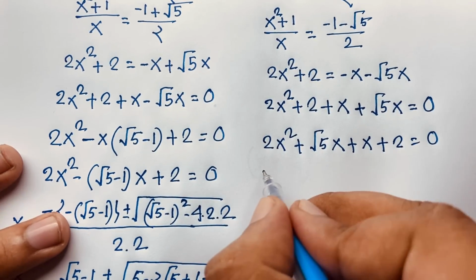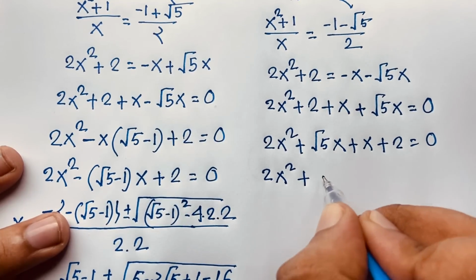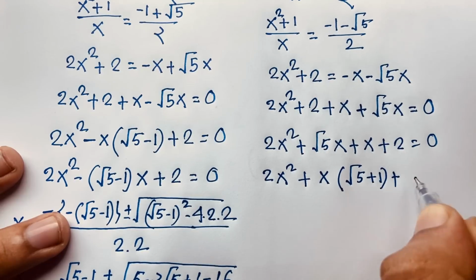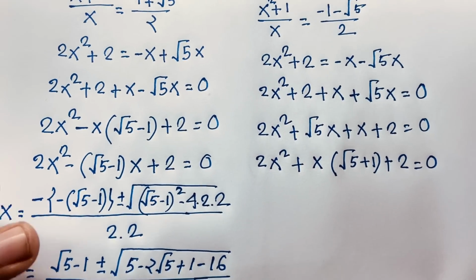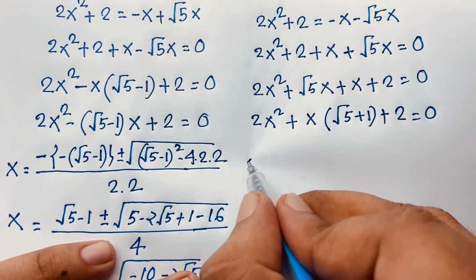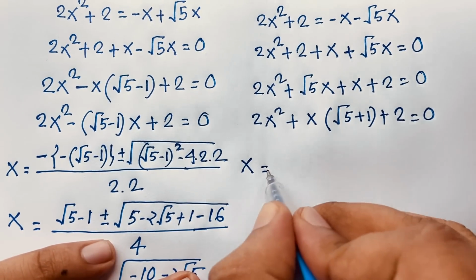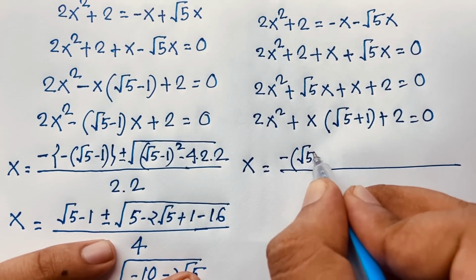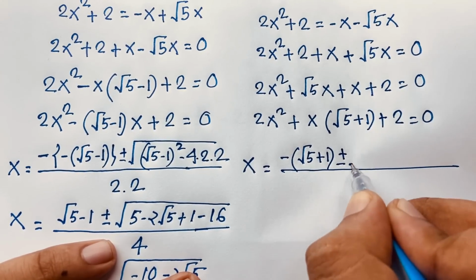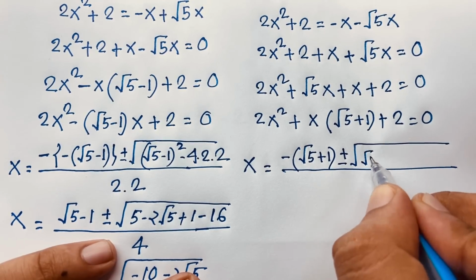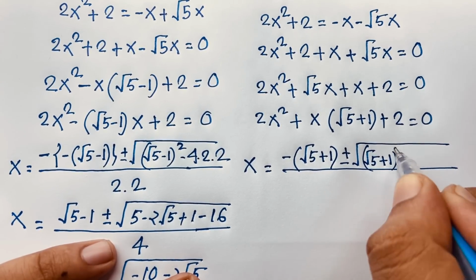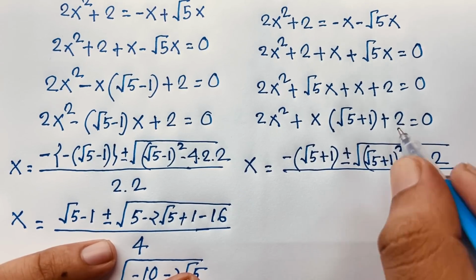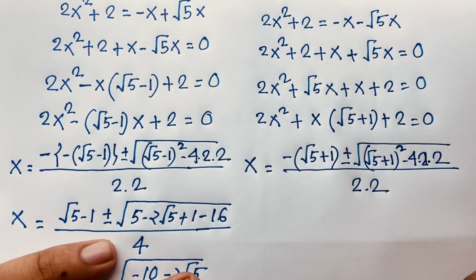Now here 2x squared plus square root 5 x plus x plus this 2 is equal to 0. Now you can see x is common, so it will be 2x squared plus (square root 5 plus 1)x plus 2 is equal to 0. So again I apply this formula: x is equal to minus b, and b is square root 5 plus 1, plus minus square root of b squared, I mean square root 5 plus 1 whole to the power 2, minus 4ac, where a is 2 and c is 2, over 2a, which is 2.